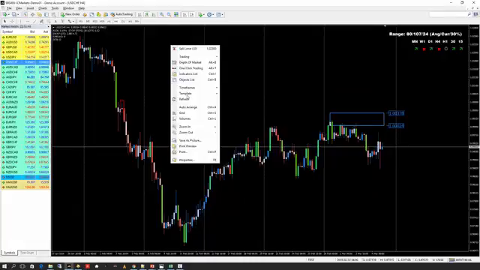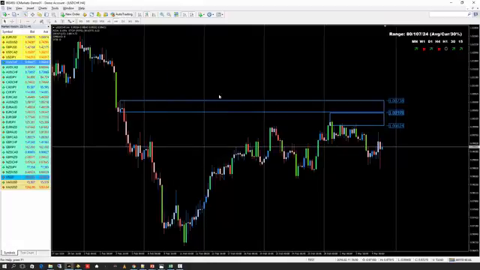That's probably what we're testing now. So that's where price is testing now. So now we have another stack of pancakes. Once this one is eaten, then we have this stack of pancakes here. Then price will come down, eat the first one, second, third, fourth, fifth, sixth, and so on. Eventually this will be eaten, and then we have another stack of pancakes up here. So you can consider areas of supply and demand as stacks of pancakes, if you will.